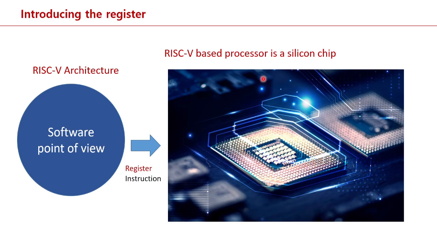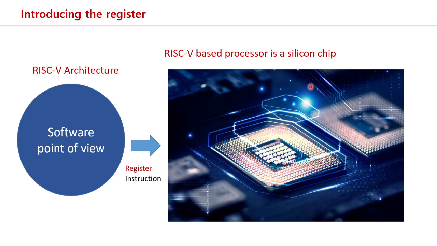As you can see in the slide, this picture shows nothing but the silicon chip in the foundry. This silicon is made of transistors and capacitors. Based on this hardware viewpoint, there's nothing you can do to control the silicon from a software perspective.